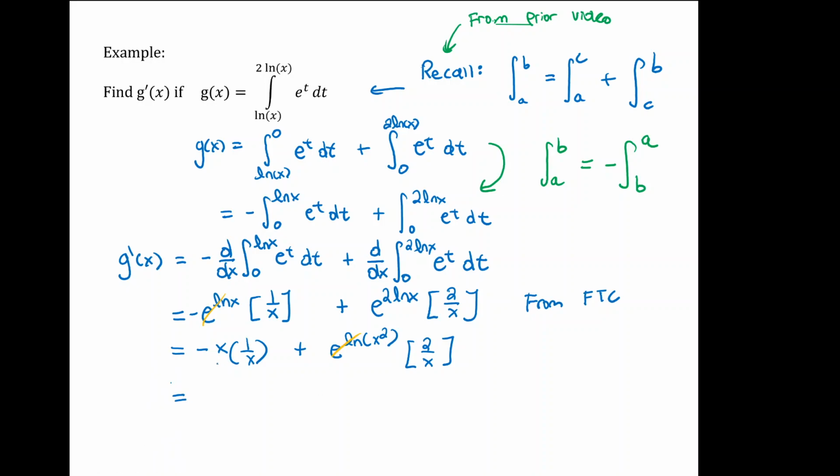Okay, the first piece we have negative x times 1 over x, we get negative 1. In the second piece, we get x squared times 2 over x, which simplifies, we get negative 1 plus 2x. That's our answer. -1 plus 2x.